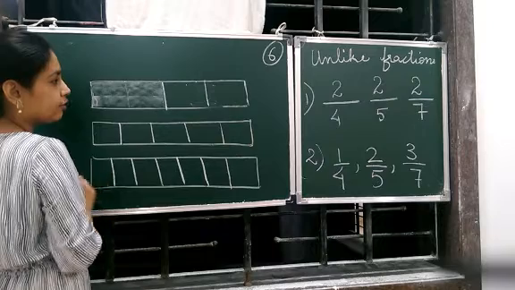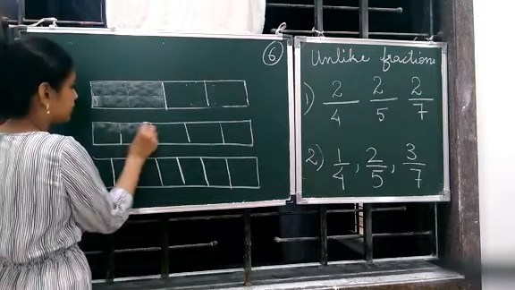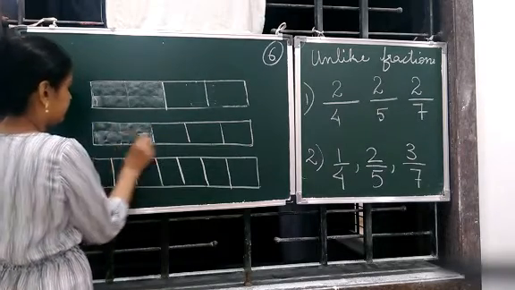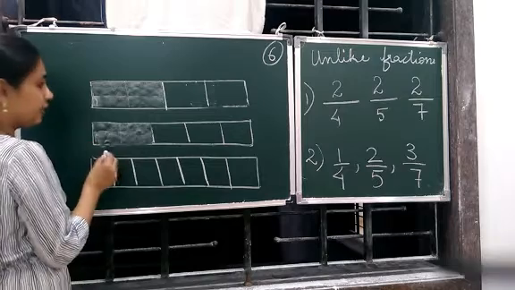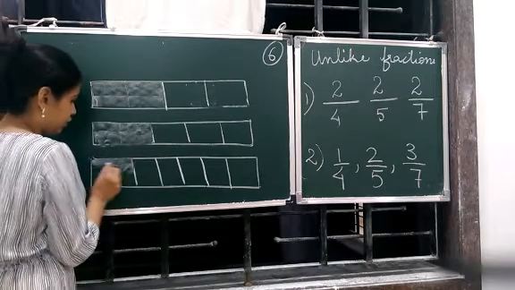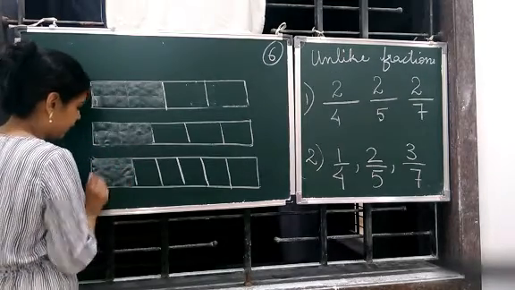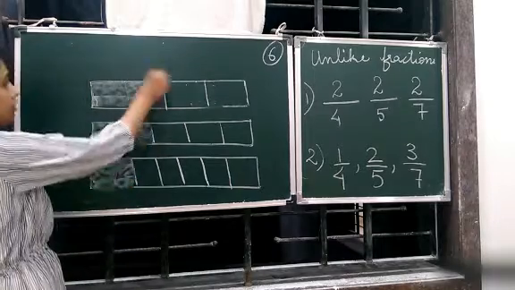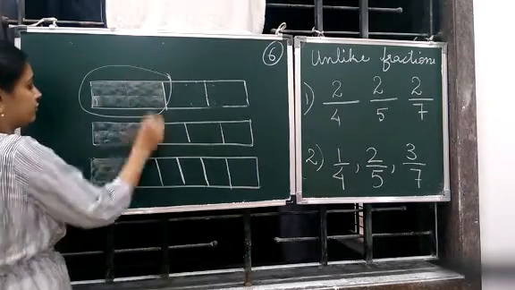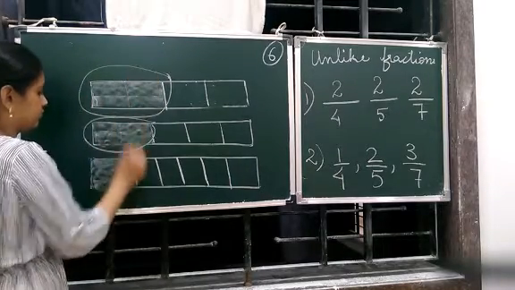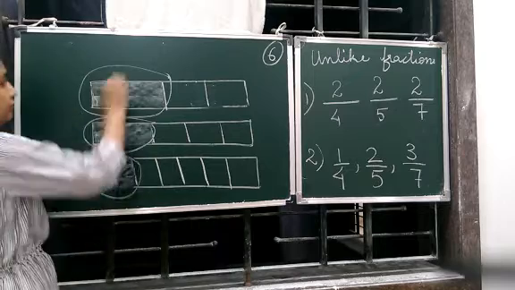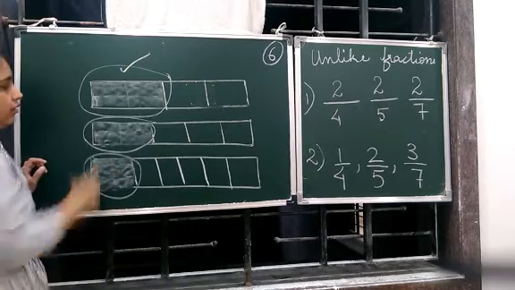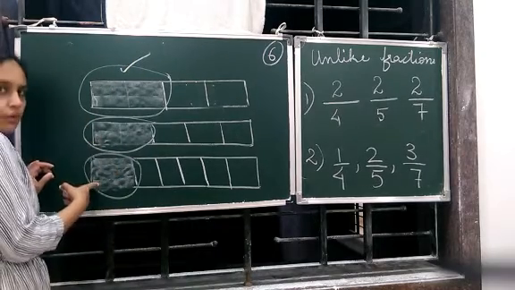How many parts have to be shaded? 2 parts. How many parts have to be shaded? 2 parts again. So if you compare the shaded parts, can you see the shaded parts? Who is bigger? Bigger, a little smaller, smallest.